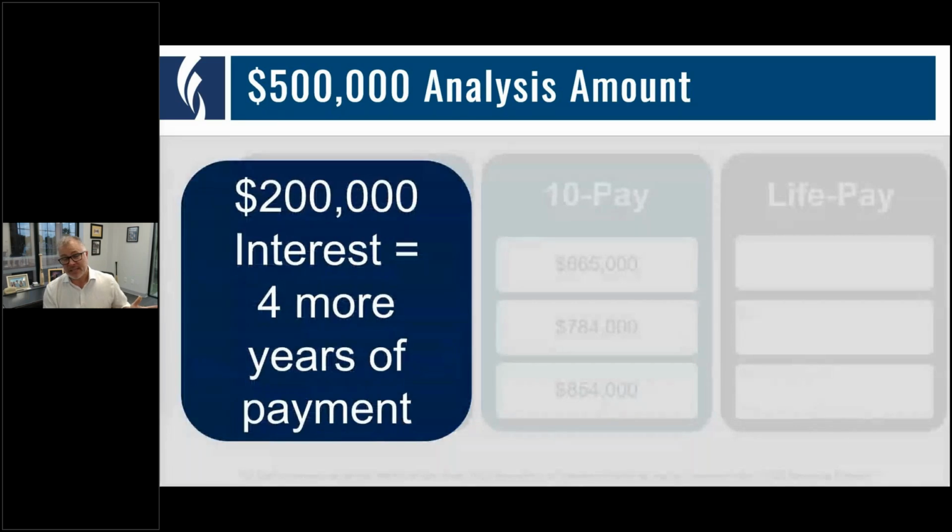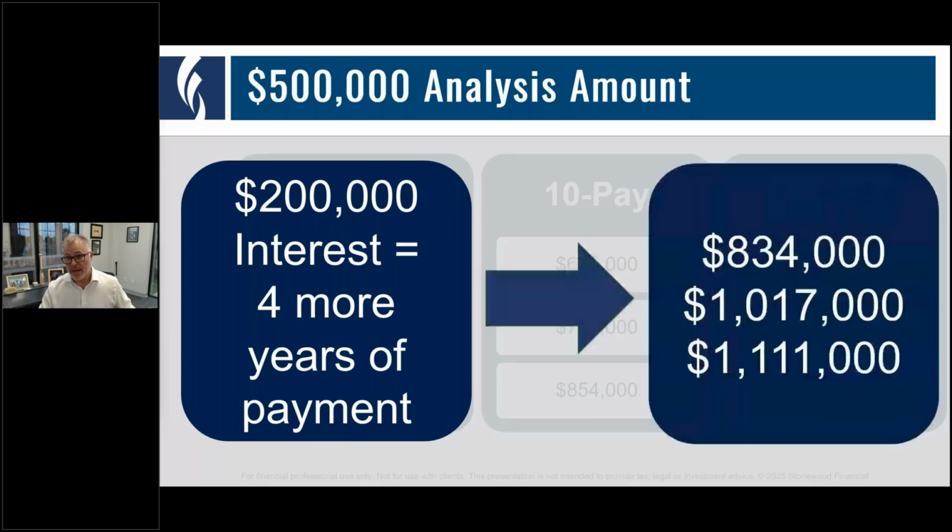In this case, I think I assumed a 5% growth rate. That gets you an extra $200,000 of interest. Well, that's like 4 more years of payment. And so your 10-pay, if you want to use that interest to buy more life insurance, and this is a predictable financial instrument where you can be confident in that interest, well, suddenly your 10-pay becomes a 14-pay.